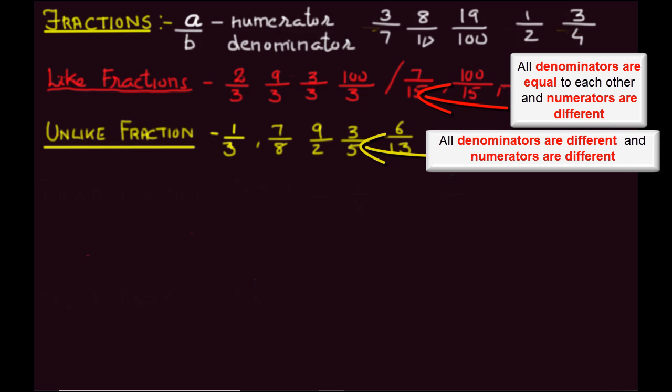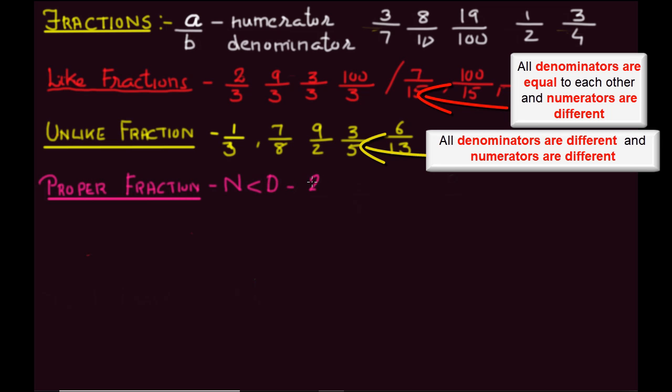The next kind of fraction is the proper fraction. P-R-O-P-E-R. Proper fractions. Now, what are proper fractions? In the case of proper fraction, the numerator will always be less than the denominator.